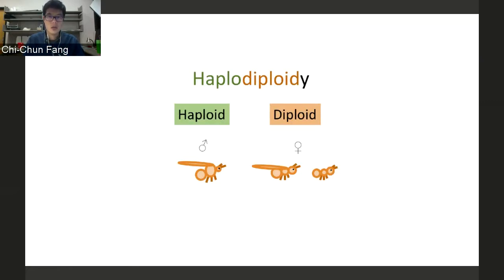And also, we found a new type of trophic egg that people never discovered before, and we hypothesize that trophic eggs can also be a nutrient resource for the fungus garden, not just for the babies, the larvae. And one interesting thing we found out is, do you remember that I mentioned the haploid-diploid system of insects?